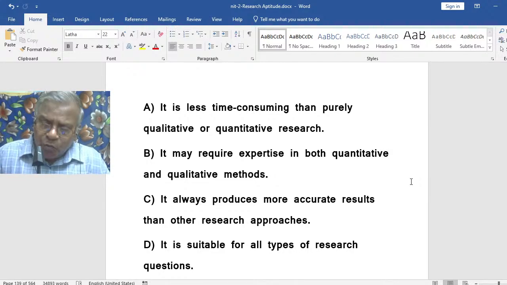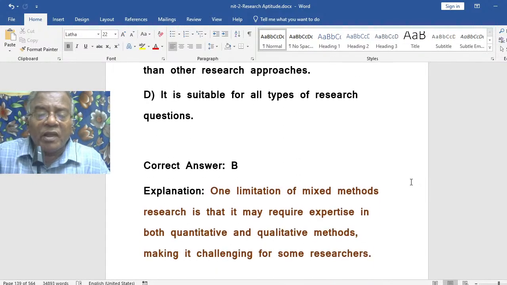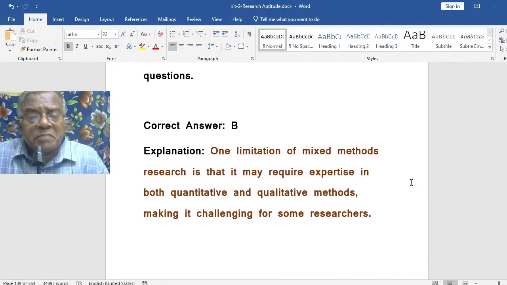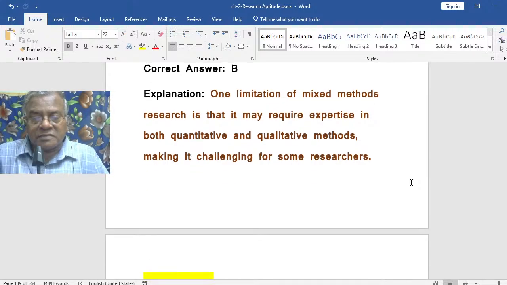Only experts in both the methods can do it nicely in the mixed methods research design. Normally one should know everything in quantitative and qualitative methods. One limitation of mixed methods research is that it may require expertise in both quantitative and qualitative methods, making it challenging for some researchers.